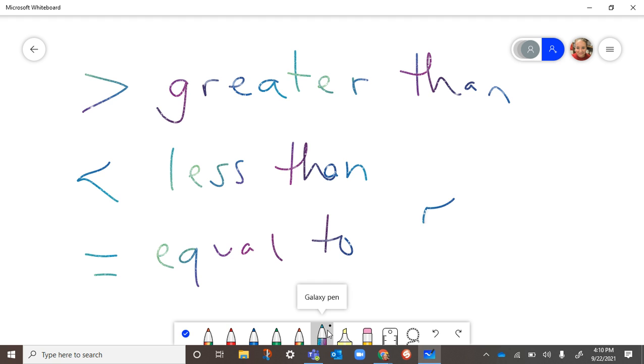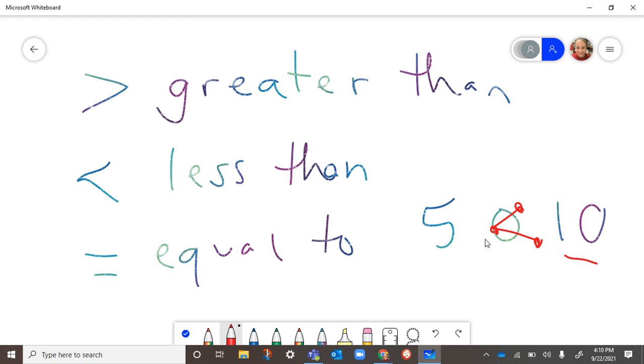So for example, if I have 5 and I'm comparing it with 10, I know that 5 is less than 10. So one way you can check is if you put dots on the ends. The one that has the 2 dots is always pointing to the greater number. So 10 has the 2 dots because it's larger. And then 5 has the 1 dot since its value is not as great.